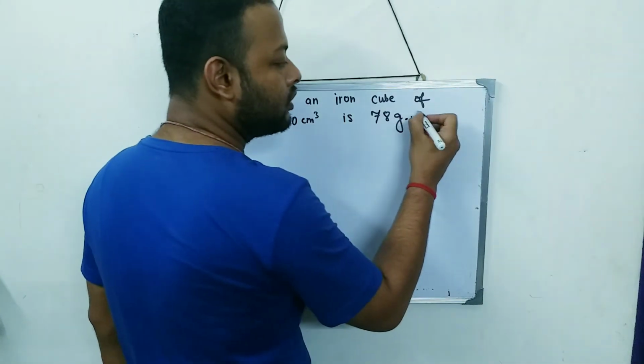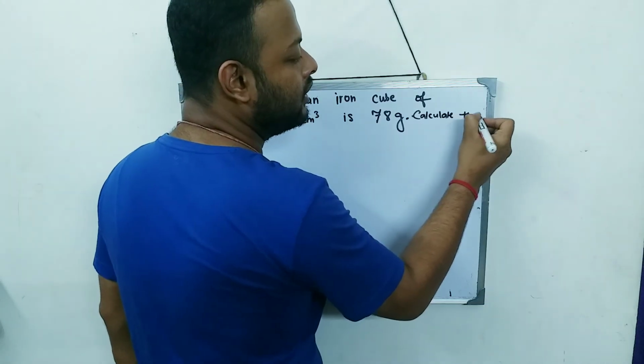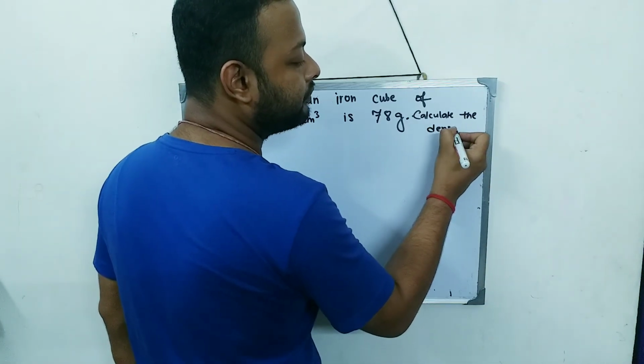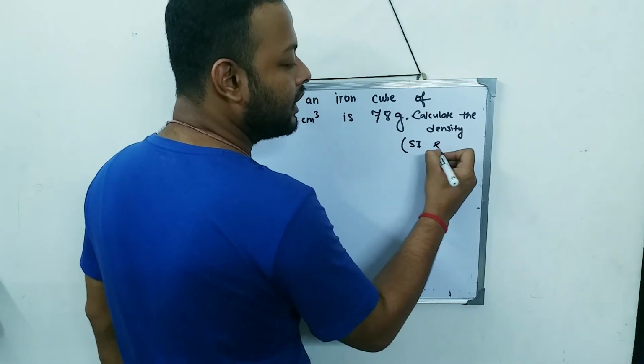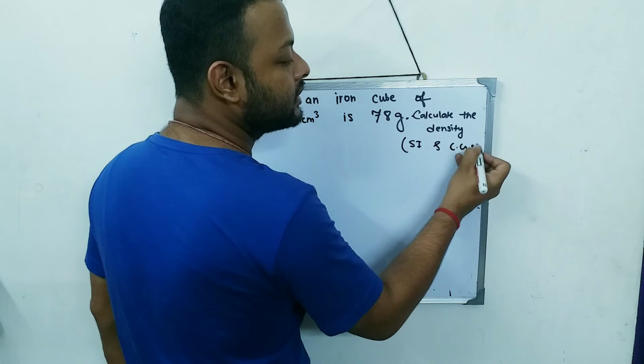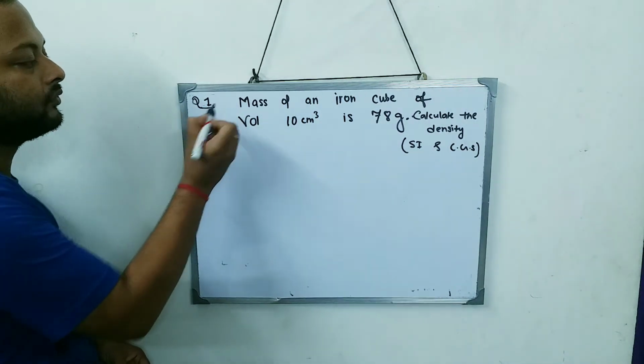I need to calculate the density of it in both the SI and CGS unit. This is the question. Okay, this is question 1.